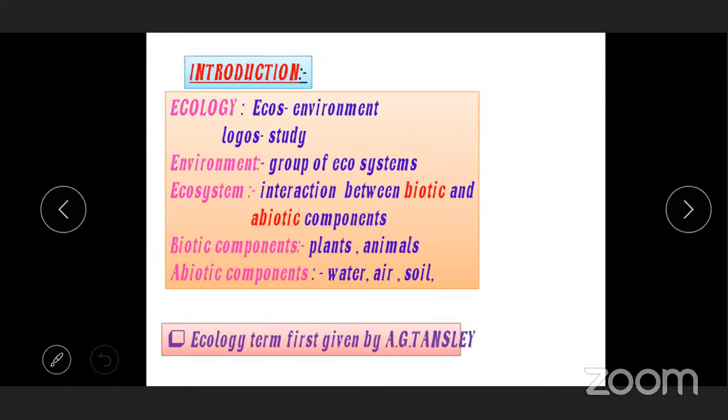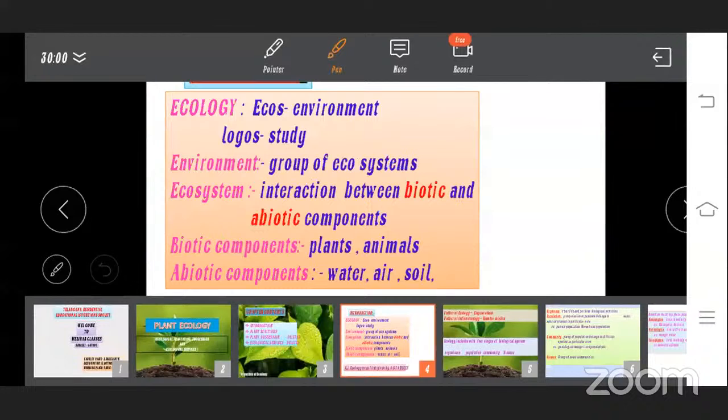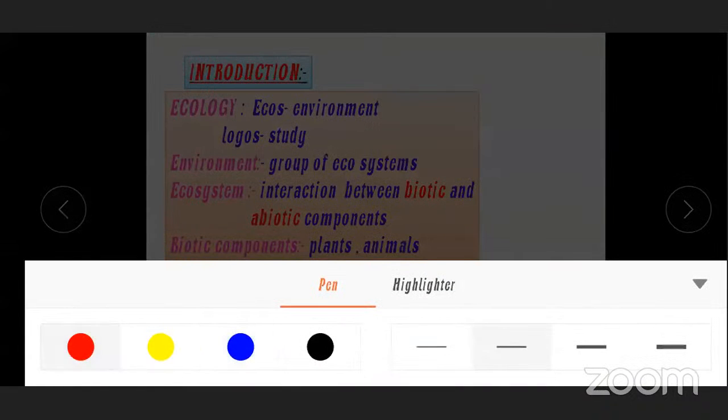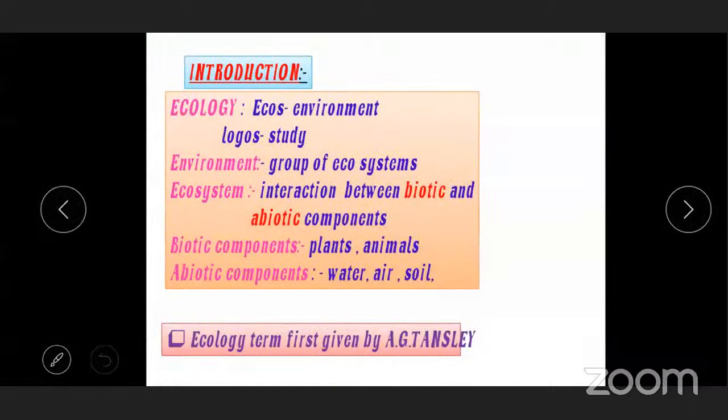Ecology is a term which consists of two words, ecos and logos. Ecos means environment, nothing but ecosystem.